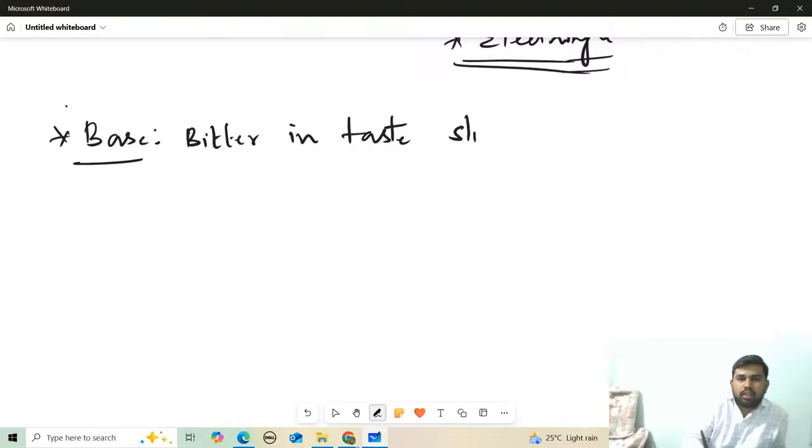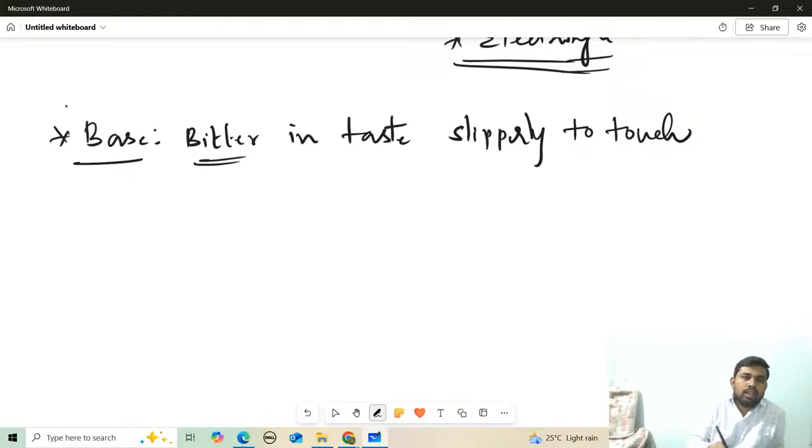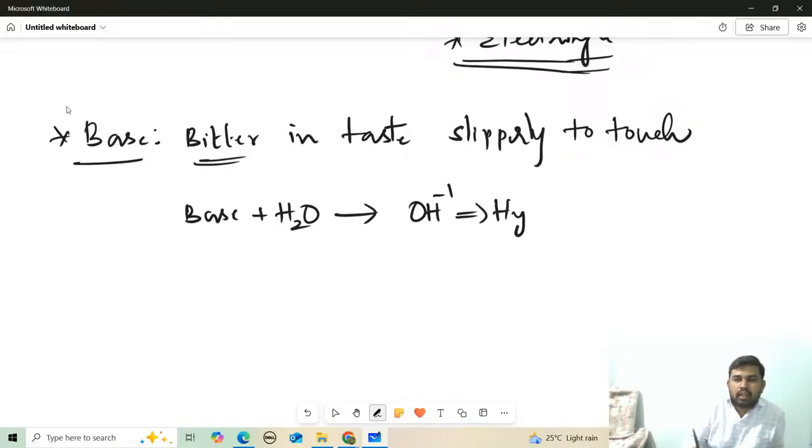Similarly, when a base is added to water, it produces OH minus, which is called hydroxide ions, or hydroxyl ions.